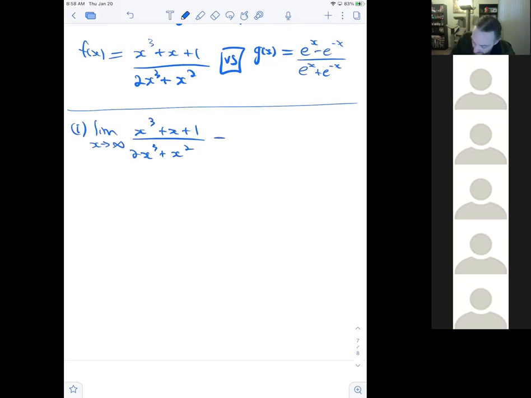And this is going to equal, you have to write it out every time, the limit as x approaches infinity of x cubed times 1 plus 1 over x squared plus 1 over x cubed, so I'm factoring out the x cubed out of the top and the bottom. And then I should have x cubed here, I should have 2 plus 1 over x.